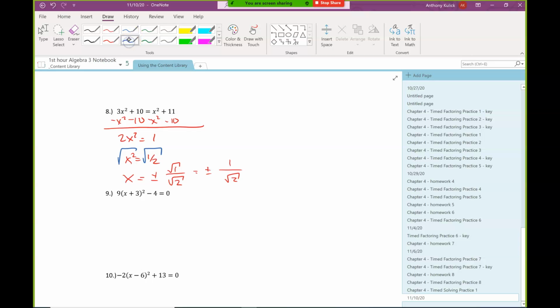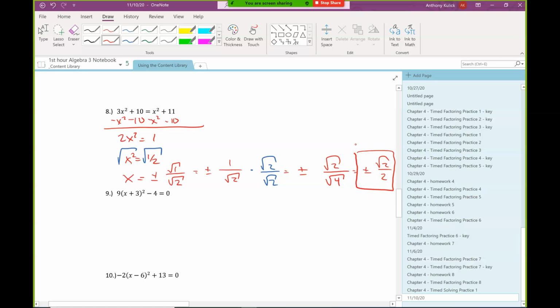So what we'll do is multiply the top and bottom by the square root of 2, whatever that square root is in the denominator. So the square root of 2 times the square root of 2 is the square root of 4. And that just simplifies down to 2. And that would be our best version of our answer.